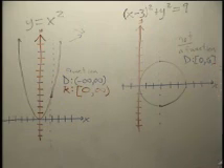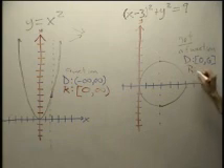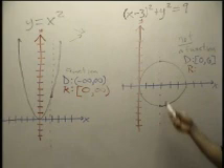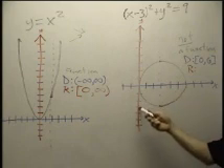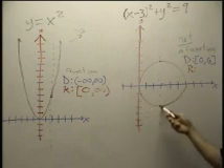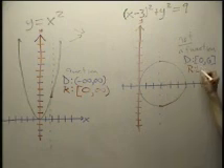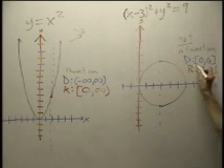So the domain is the interval from 0 to 6. The range, again, the y values, the up and down, can go as far down as negative 3, and as far up as 3. So there are the domain and the range of this relation.